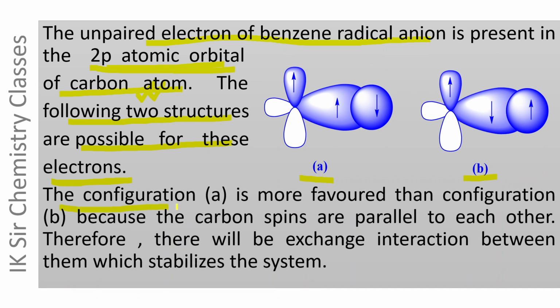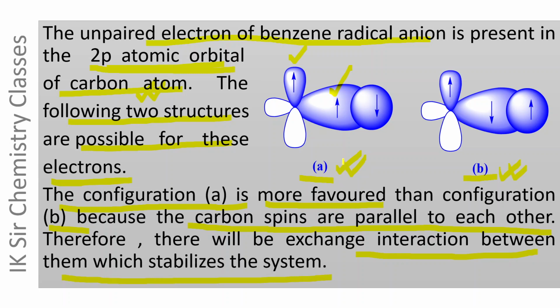Configuration A is more favorable than configuration B because the carbon spins are parallel to each other. In configuration A, 2 electrons of carbon have parallel spin, so there will be exchange interaction between them which stabilizes the system.